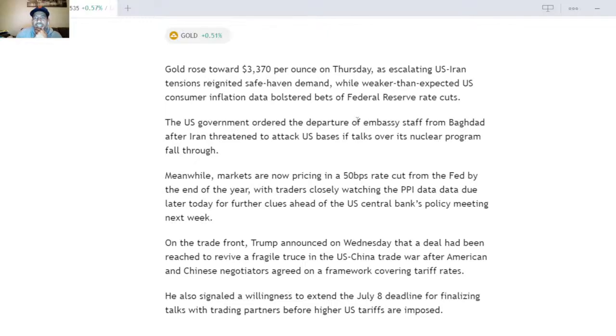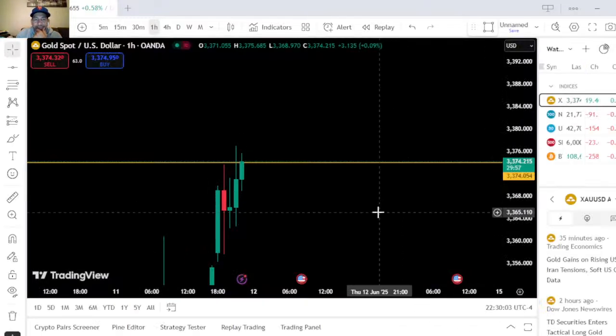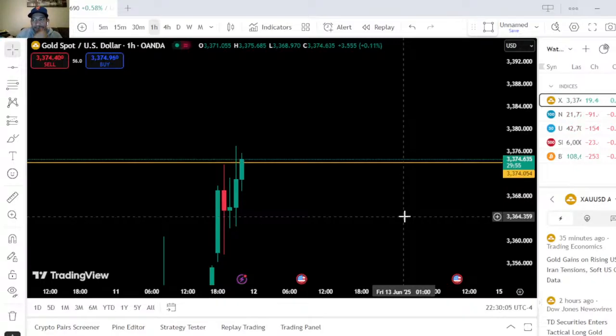Yeah, it's interesting because the CPI came in very good, a lot lower, but the market didn't reflect it as much because of this issue with the U.S. and Iran. That's what happens. Wow, look at this. They're pricing in a 50 basis point rate cut from the Fed by the end of this year. Incredible.